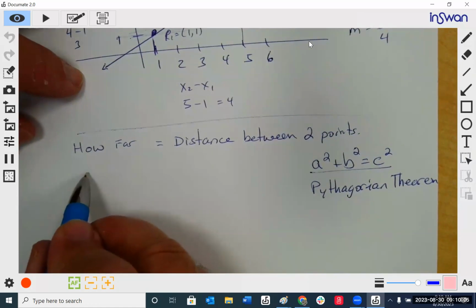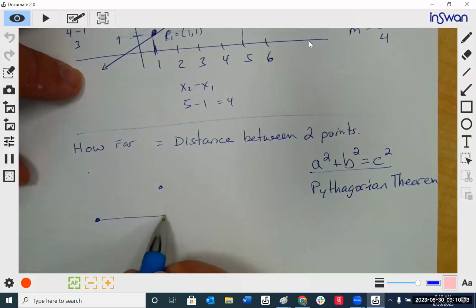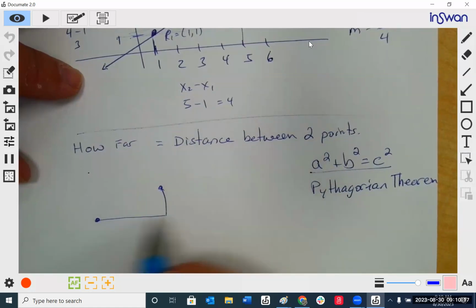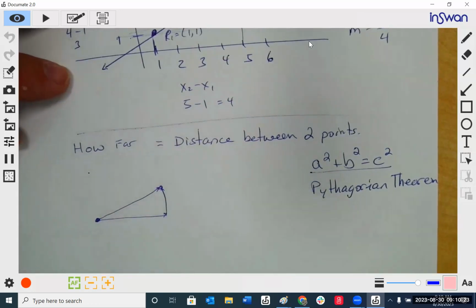So what he thought was this: if I had 2 dots, the distance I go horizontally and then vertically to get to that point is longer than if I go this way. True? Yeah.